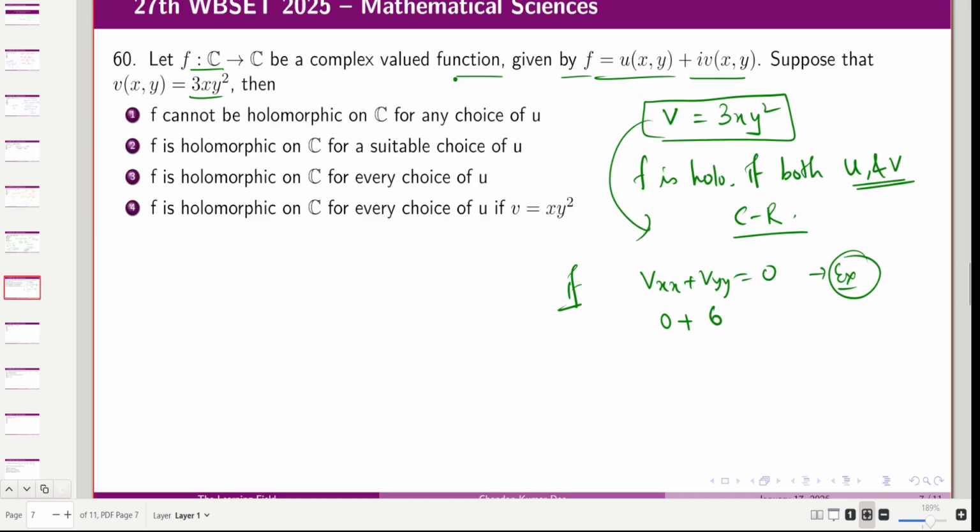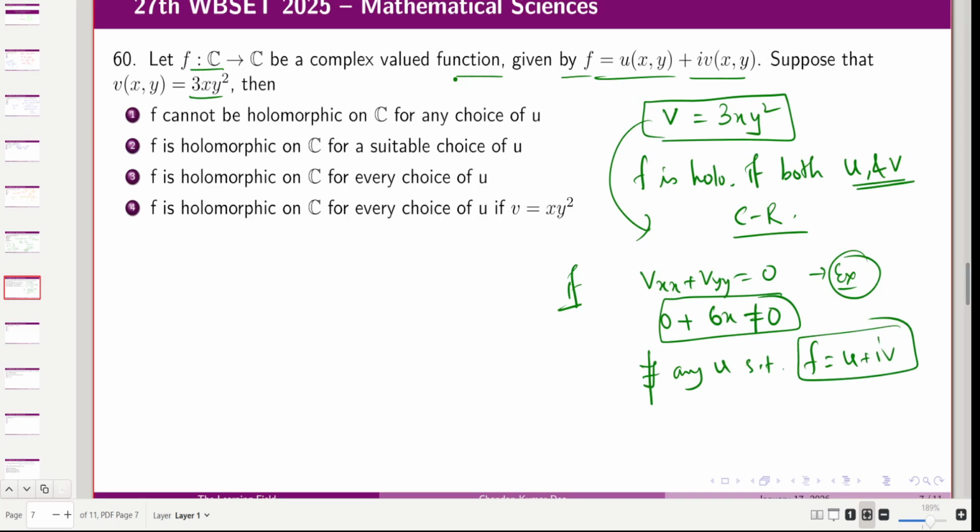Vyy means 6x, this is not equal to 0. That is, there does not exist any u such that we can write f equal to u plus iota v. That means f cannot be holomorphic for any choice of u.